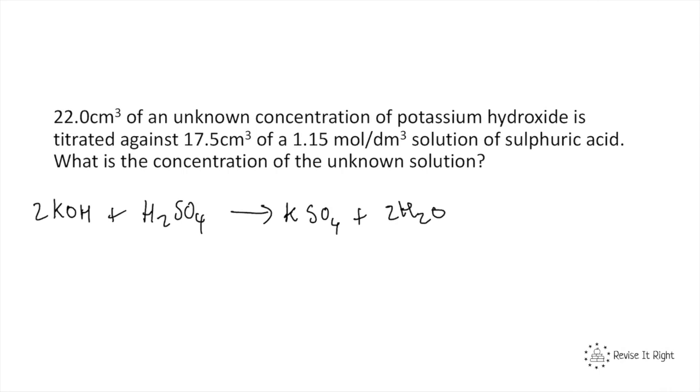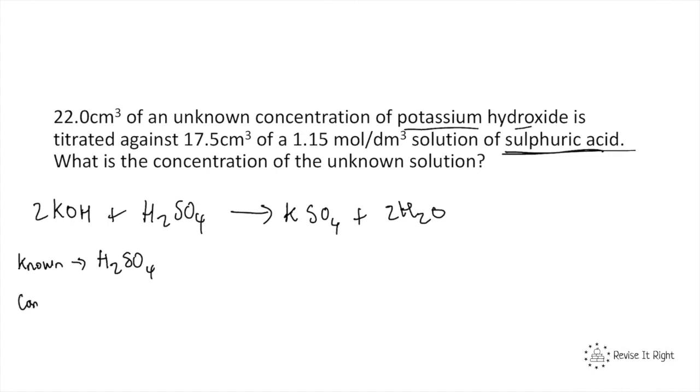The next step, we need to write the figures down for the known value, or what we know. So again, I'm going to write known. The potassium hydroxide is unknown, and therefore this time the known is the sulfuric acid. So we're going to write that here, H2SO4.